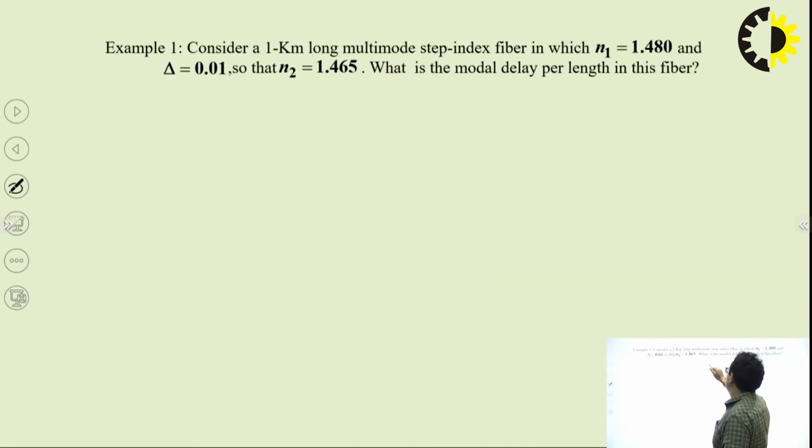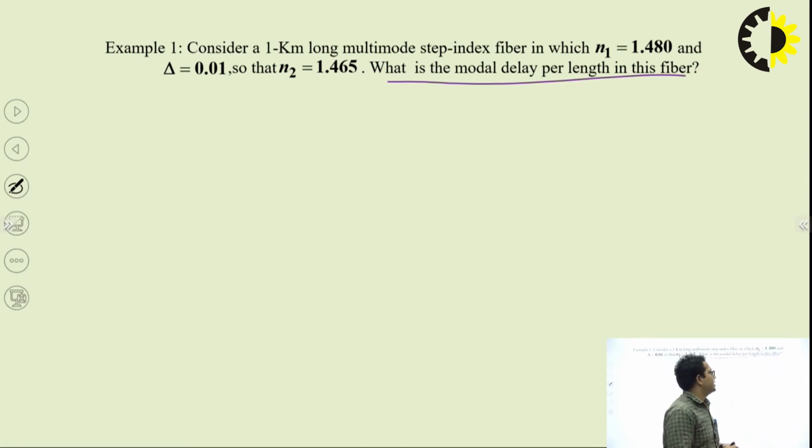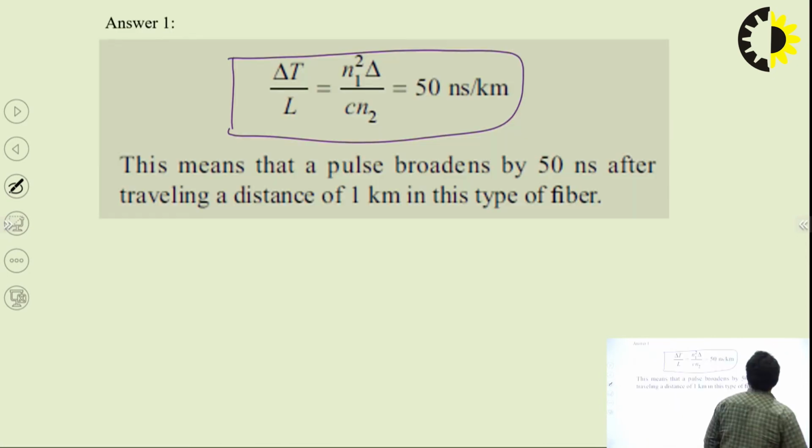Now this is the question that is asked: what is the modal delay per length in the fiber? The modal delay in the fiber, we have already discussed, is given by L n1 square delta upon c n2. So delta t will become L n1 square delta upon c n2.